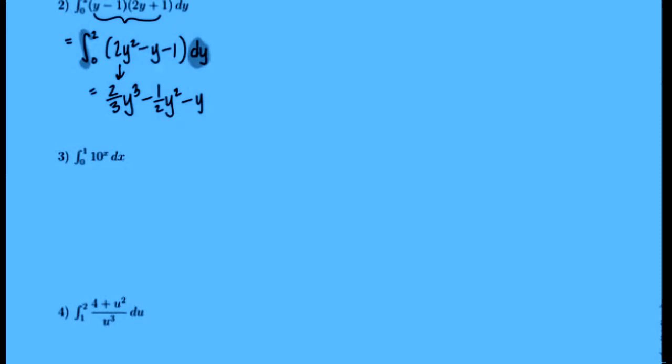I already took my antiderivative, so now I am going to evaluate it from 0 to 2. All right, substituting in the upper limit first, I am going to have 2 over 3 times 2 cubed minus 1 over 2 times 2 squared minus 2.